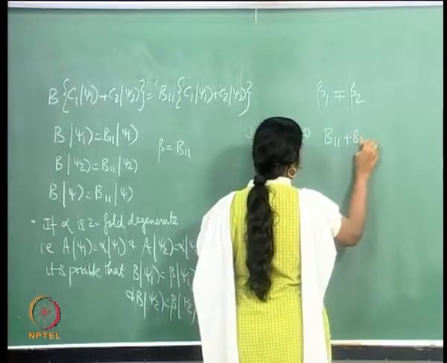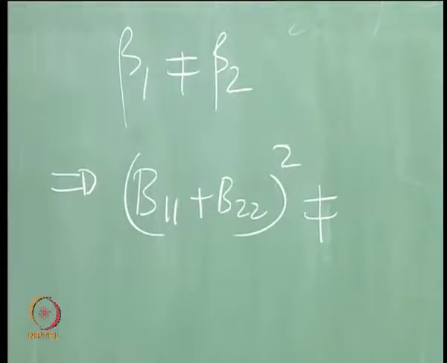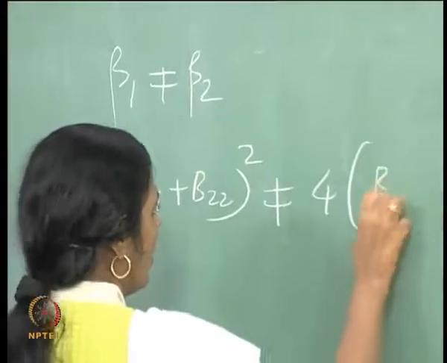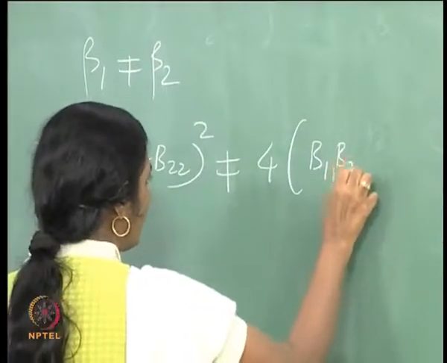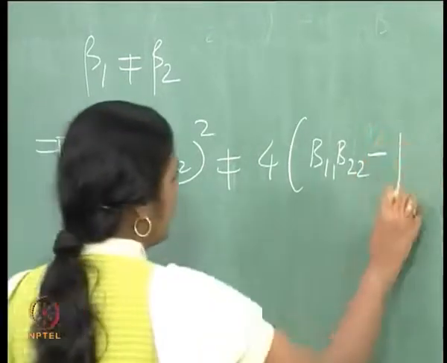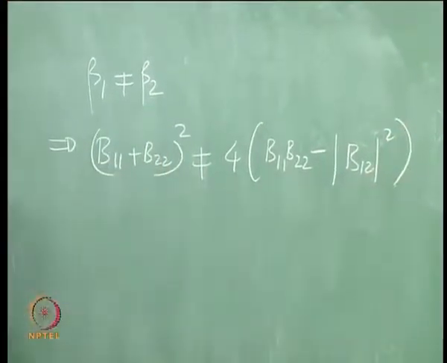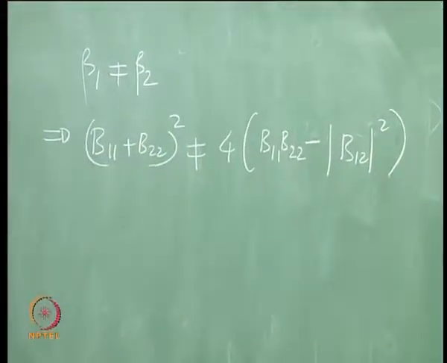So, B11 plus B22 the whole squared is not equal to 4 times B11 B22 minus modulus of B12 the whole squared. So, we are looking at a situation like this.